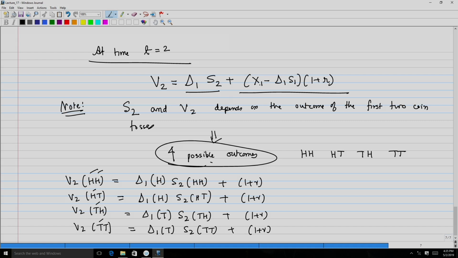And also here, in this case, we will have x 1. Remember, x 1 depends on the first coin toss, which was head. So, this is going to be x 1 of h and x 1 of h.